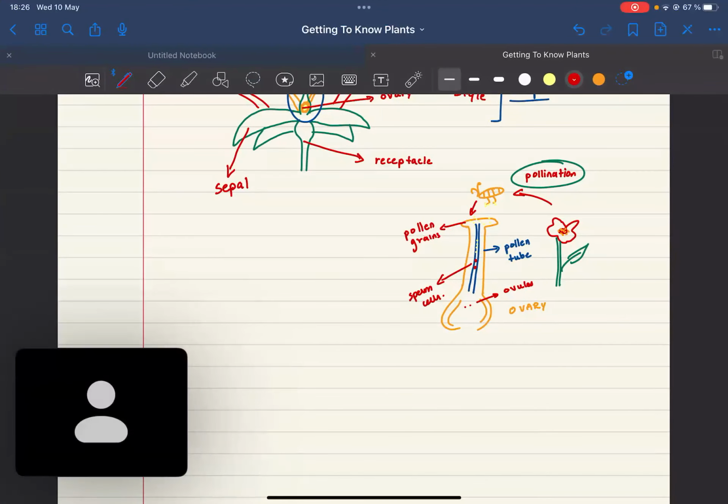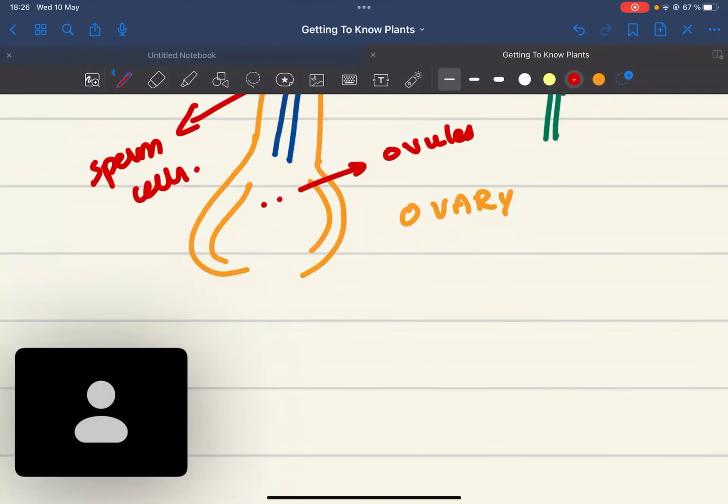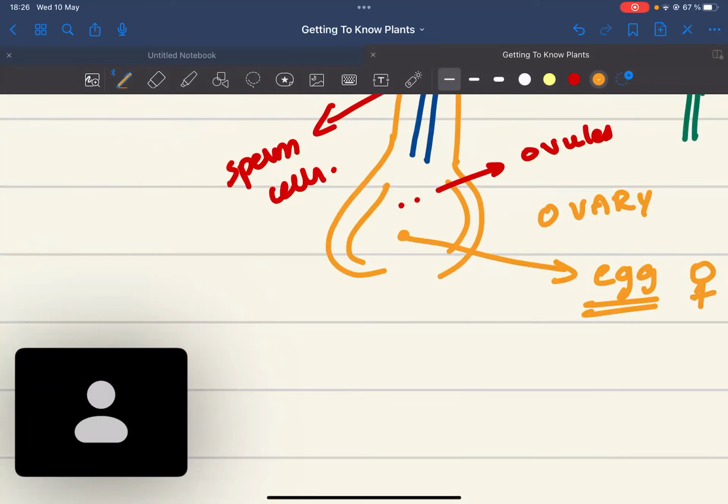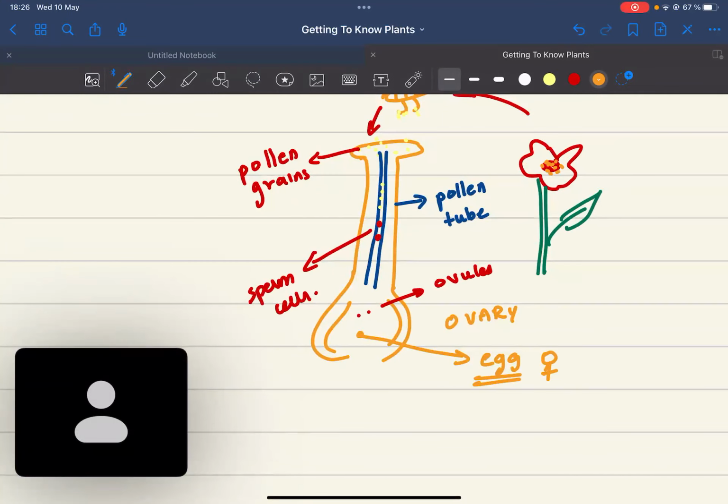So inside the ovary, you already have the egg. You know that the egg is the female and the sperm cells are the male.